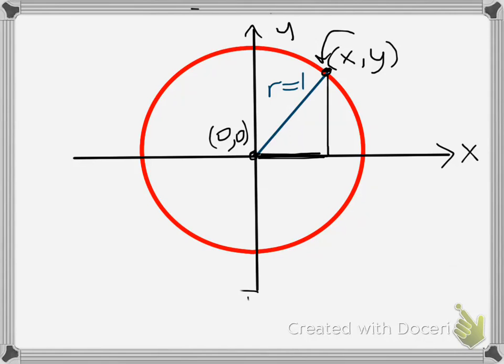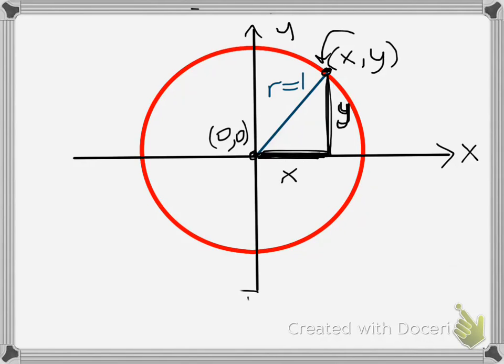See how this makes a triangle? This part of the triangle has length x, and this part of the triangle has length y. Because the y coordinate here is y, so this height here is y. The x coordinate here is x, so this length here is x.